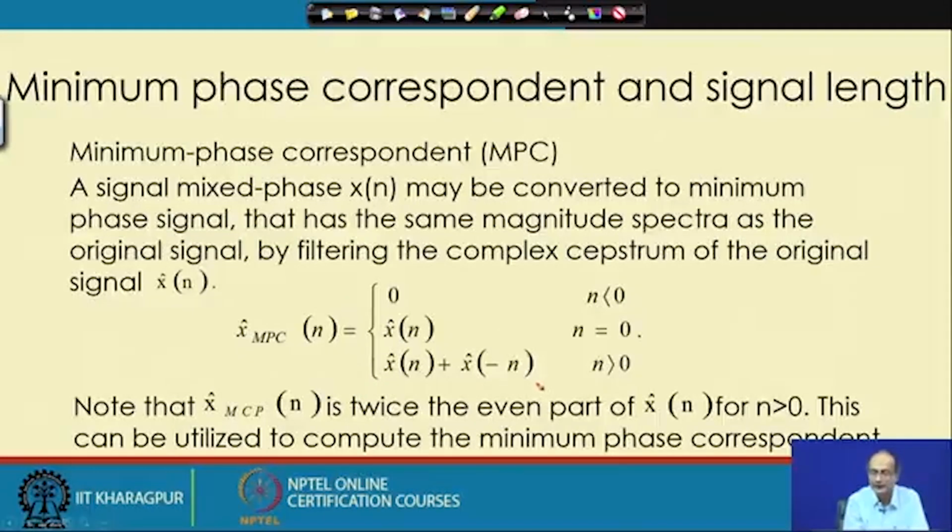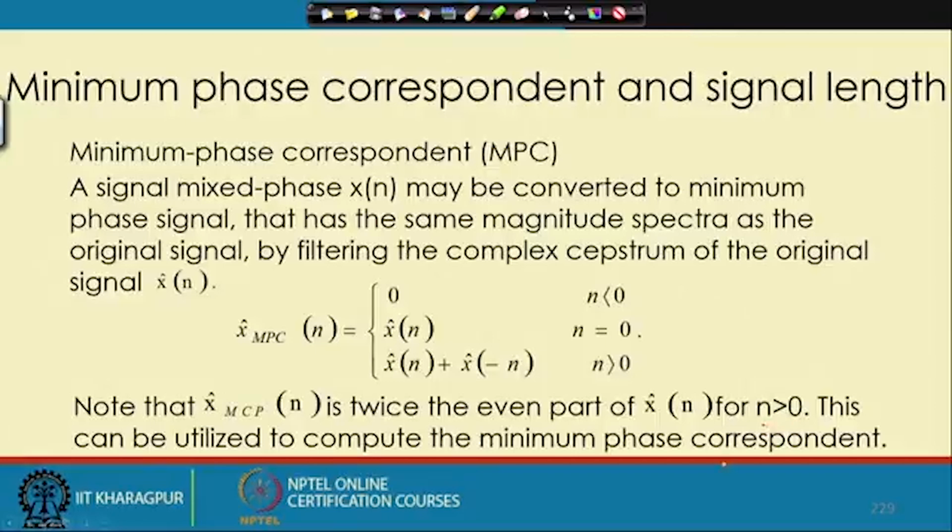So, the values that we had in the negative part of the original spectrum, we are flipping back and adding to the positive part, and x hat MCP is actually providing twice the even part of the signal for n greater than 0.